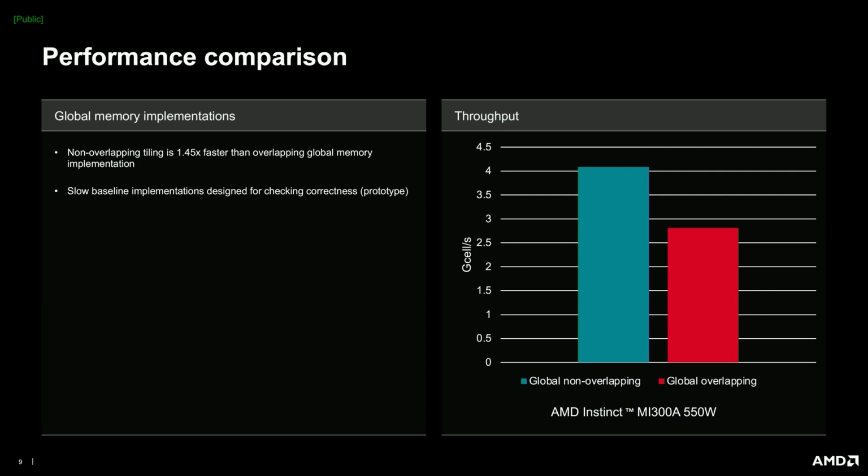If you start out with these basic global memory implementations, simple to write, comparing the non-overlapping tiling versions against the overlap tiling versions, you see there's definitely a benefit to using the non-overlapped version for various reasons. Also, here in the beginning, throughput is very low, so we have some optimization work ahead of us. Regardless, I'm going to compare against our global non-overlapping as our baseline, and then we're going to take the overlapping and start optimizing it.